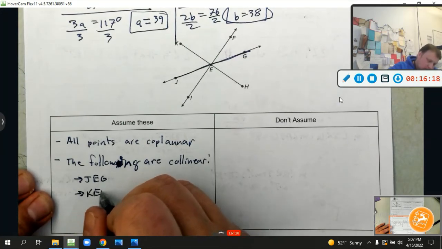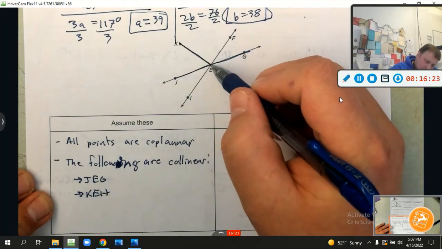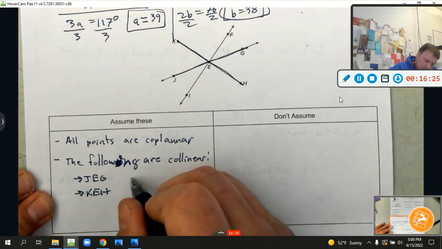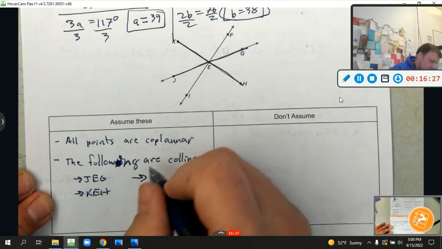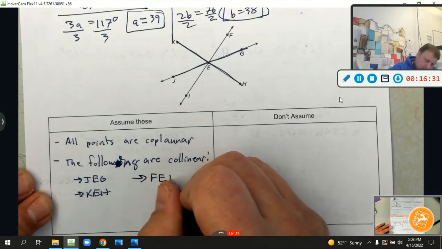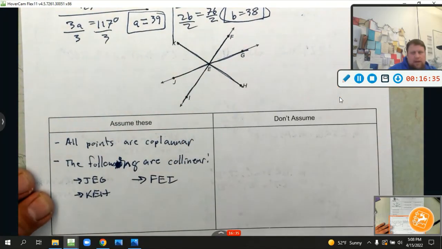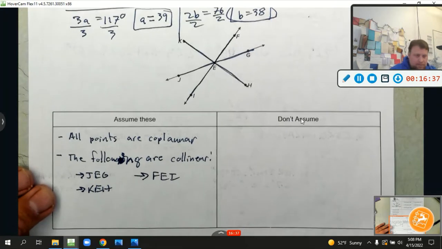K, E, H. On this segment, these points are all collinear. And last, F, E, I. Each of these points are collinear. They're all on the same line. Okay, we can assume they're collinear.